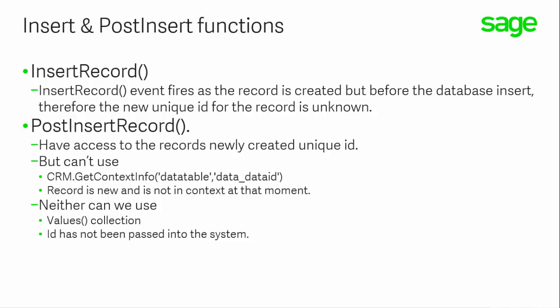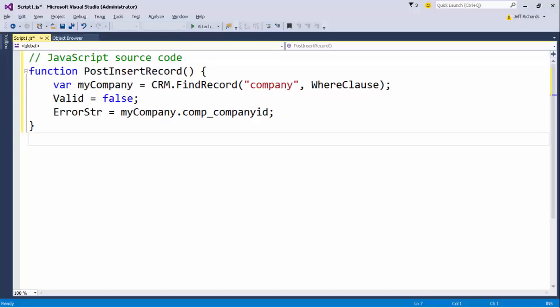What we use instead is another keyword called where clause. So inside a PostInsertRecord function, you can obtain the newly created record ID by using a system variable called where clause. It's always going to be in the form of a name-value pair, in the idea of data ID equals value.